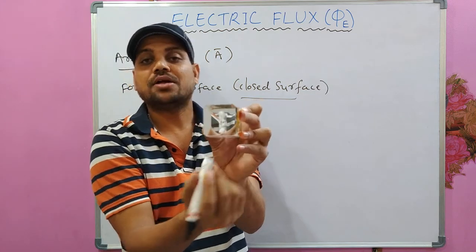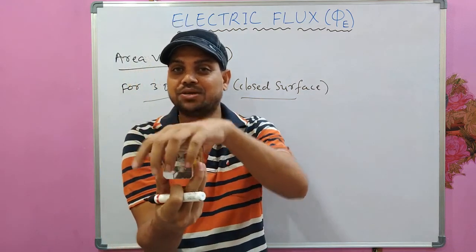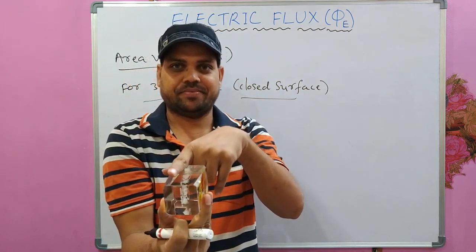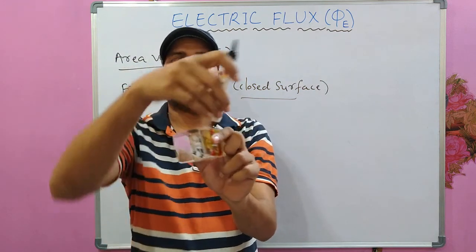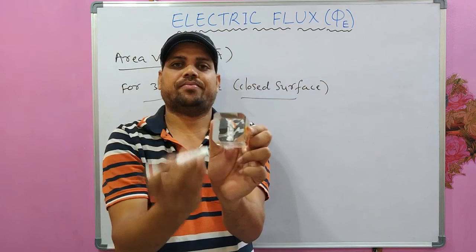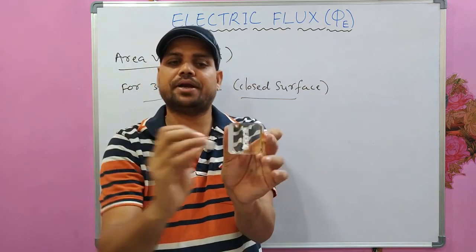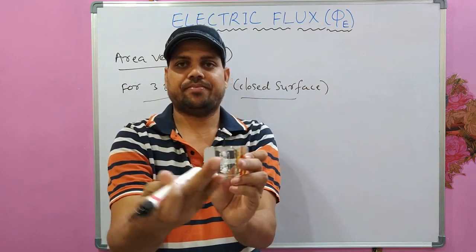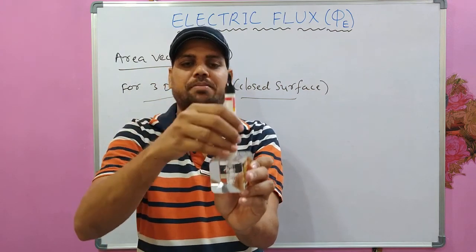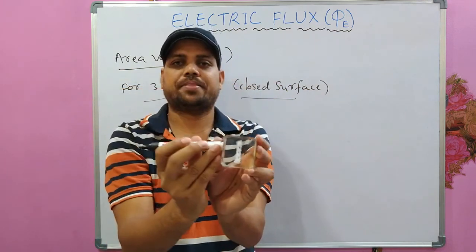So this is how cube has been divided into 6 faces, and each face direction is different, but every time it is perpendicular to the plane that we have considered. Perpendicular here, perpendicular here, perpendicular here.